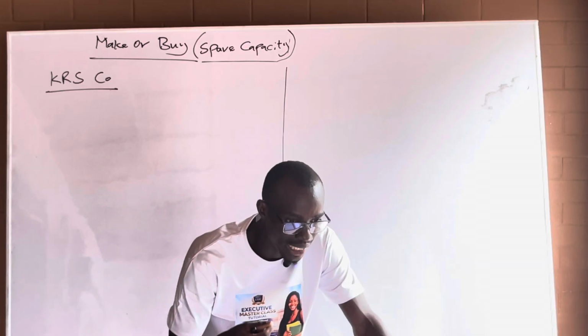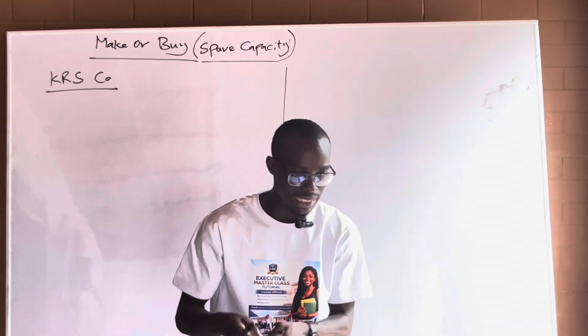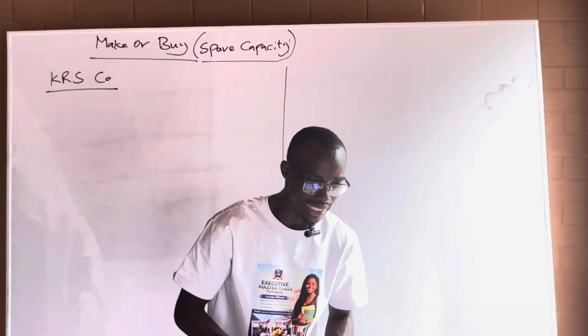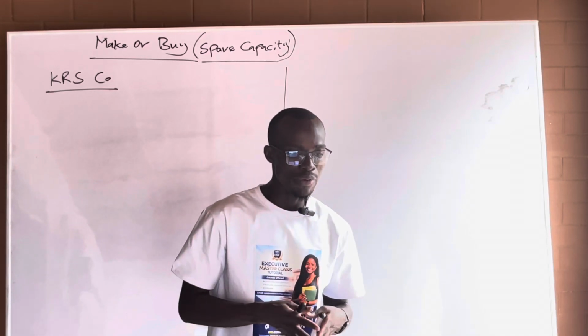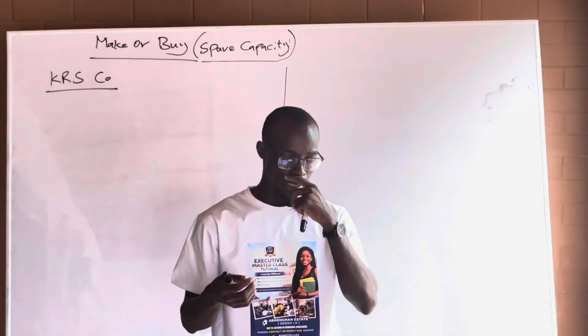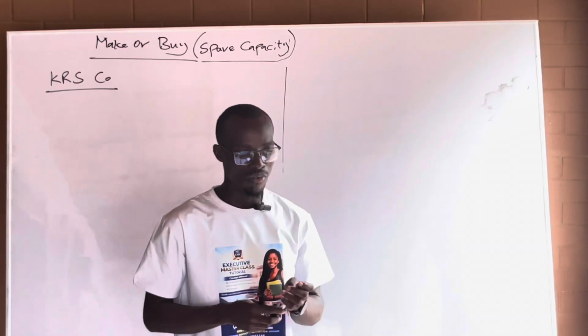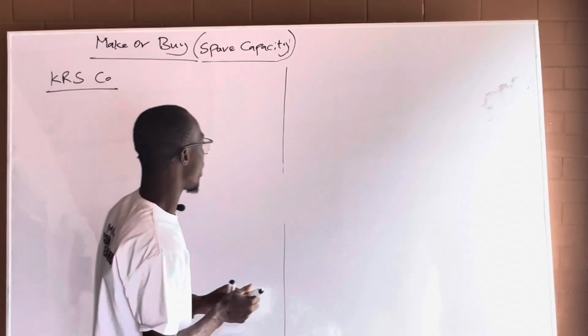It has obtained the following cost estimate for each option. So they have the internal service department, and also the external services. We are going to compare the cost, and we see the one that is less, then we will tell them that they should go for it, based on the decision rule of make or buy.